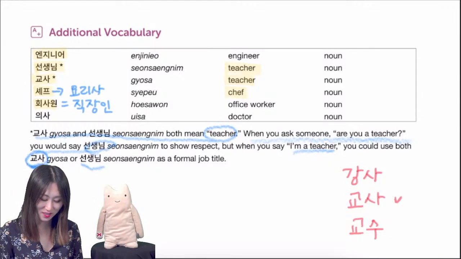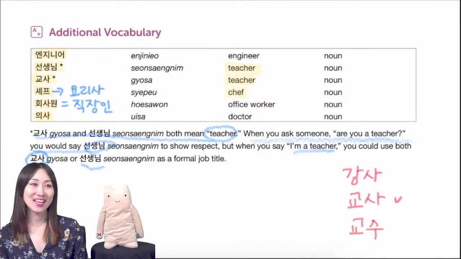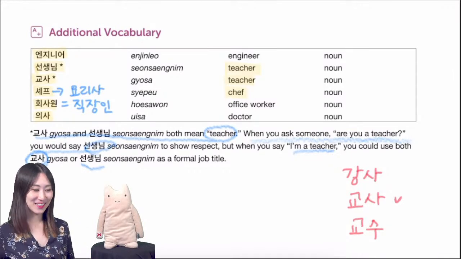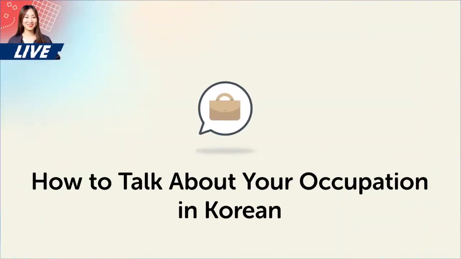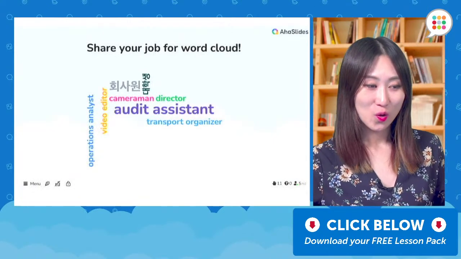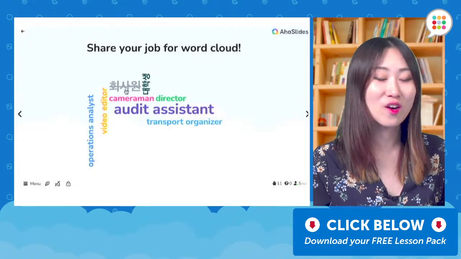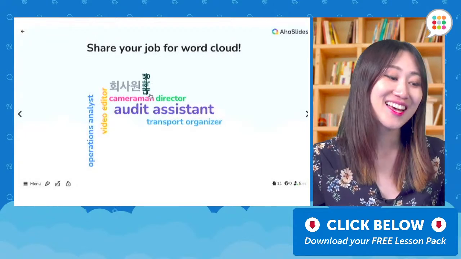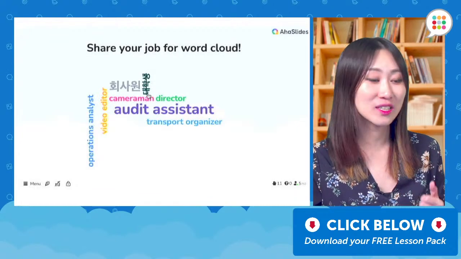And now we have this 의사. It's a doctor. And let's see more examples. Yeah, we already got this one. 회사원, this office worker. 대학생. That's a good one. 대학생 means university student.